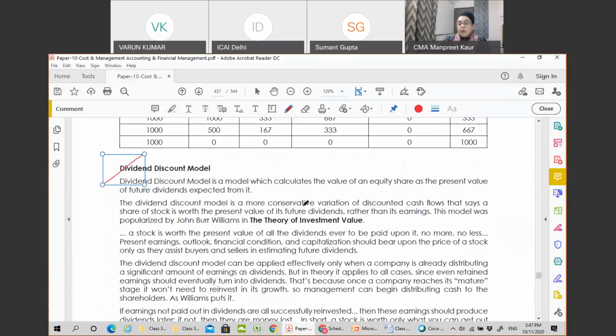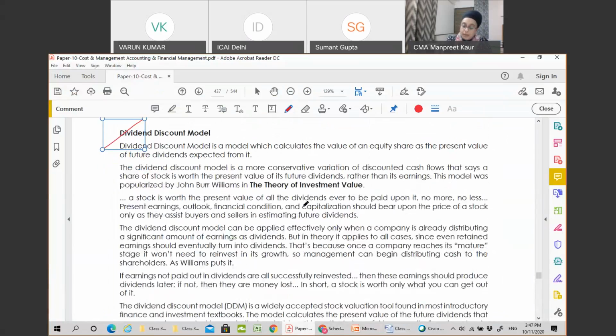The dividend discount model is a model which calculates the value of the equity share as the present value of future dividends expected from it. Because in this, the discounted cash flows that we studied earlier apply, the present value factors and how to calculate internal rate of return.